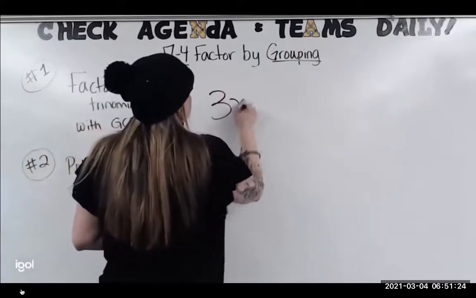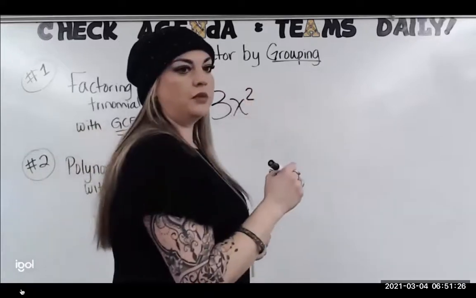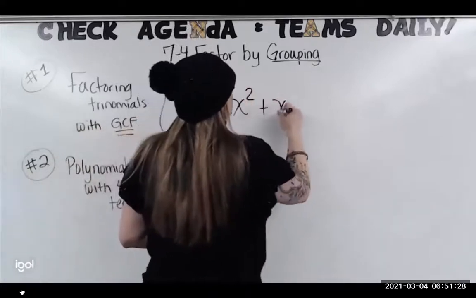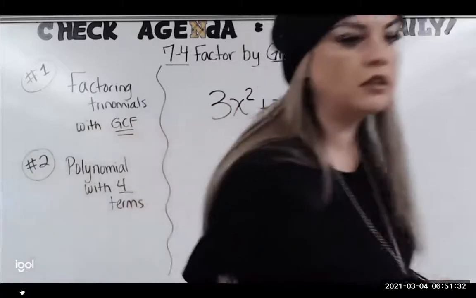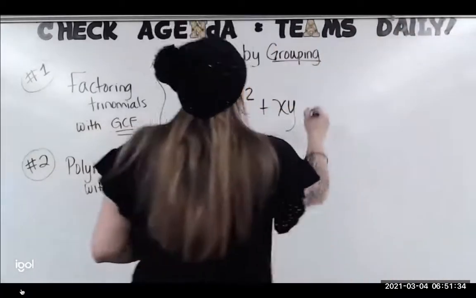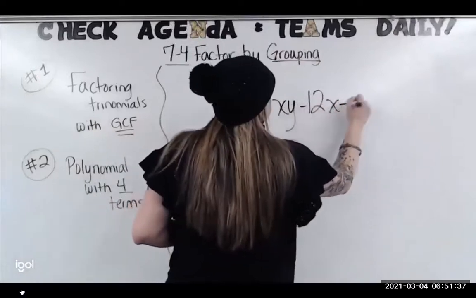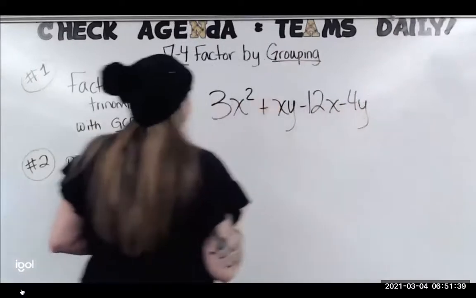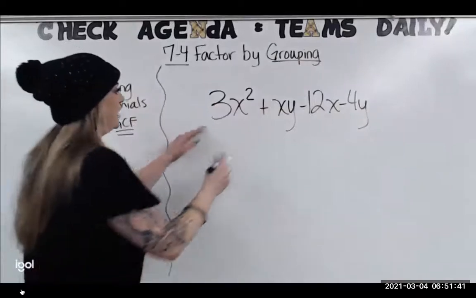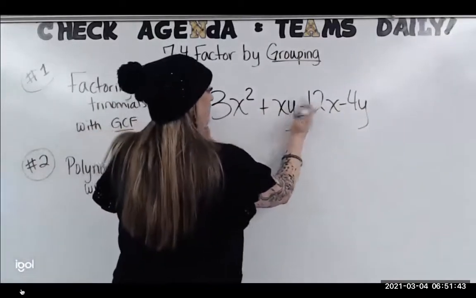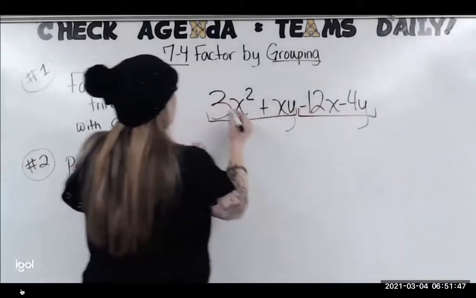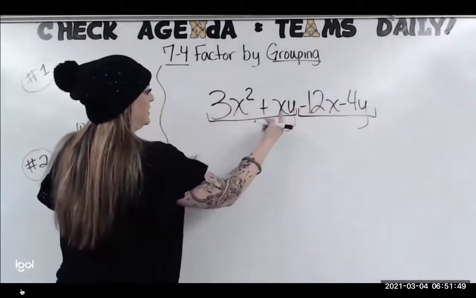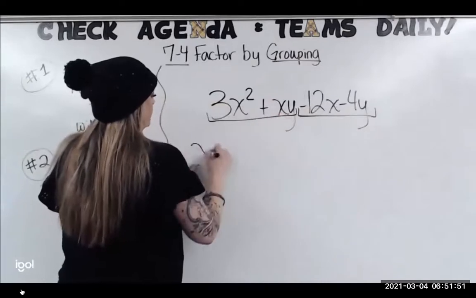Let's do 3x squared plus xy minus 12x minus 4y. So again, I'm looking at this in two chunks of binomials. So I have this set and I have this set. Greatest common factor here is going to be just an x.